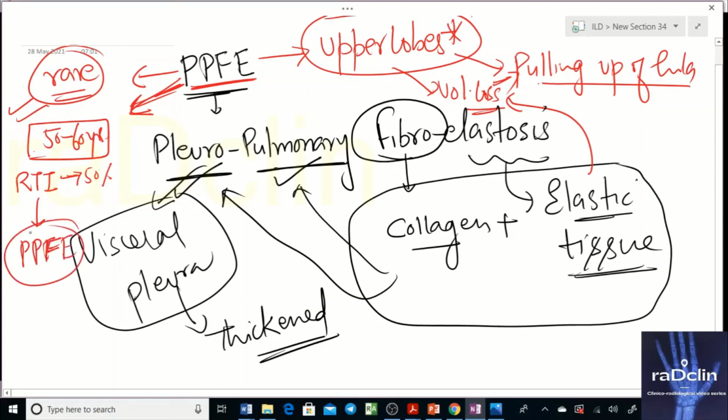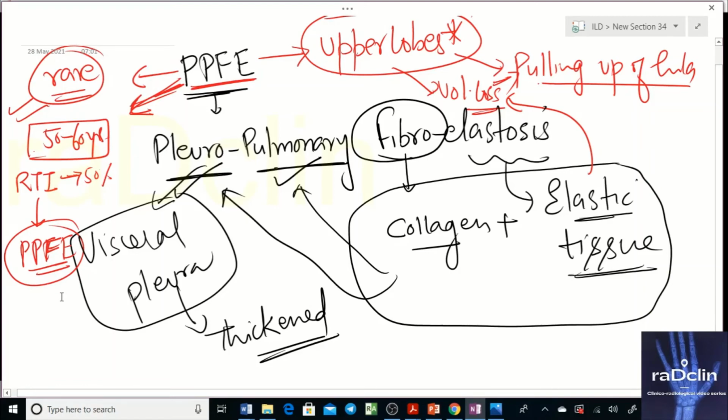We understood about LRTI history also in cryptogenic organizing pneumonia, where you have persistent symptoms of dyspnea, where fibroblastic proliferation basically starts in your alveoli. So we read that in COP as well. So respiratory tract infection history is seen in 50% of cases of PPFE as well, and there are a few cases which progress very rapidly and deteriorate also.